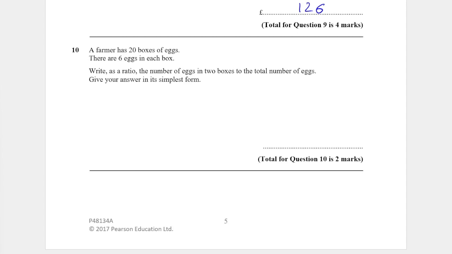So in effect, I would start my ratio as we've got 2 boxes, and in those boxes there are 6 eggs, and then we've got a total of 20 boxes, times by 6. So we don't really need this times by 6. It's going to be the same as 2 to 20. So that's going to be 1 to 10. So my ratio is going to be 1 to 10 in its simplest form.